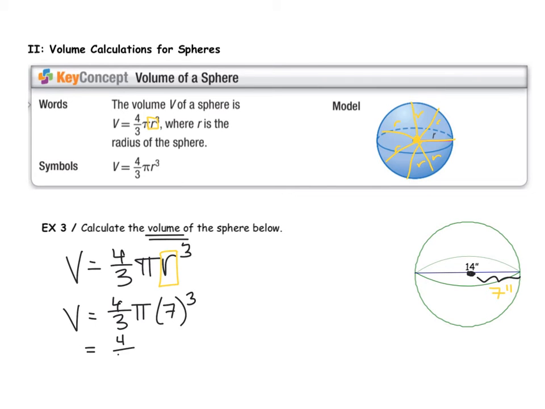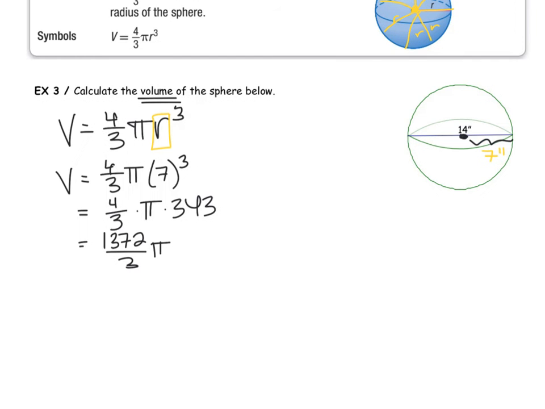So 7 cubed is 343, and when I multiply that by 4, I get 1,372 thirds pi. I can also plug that in my calculator and get approximately 1,436.8 cubic inches.